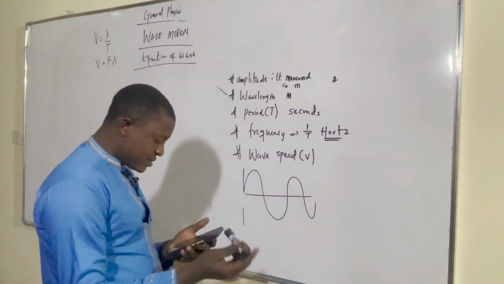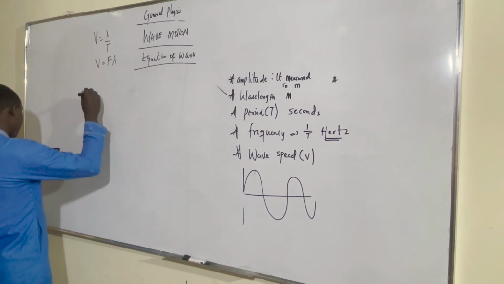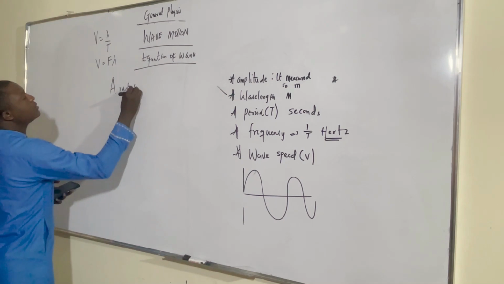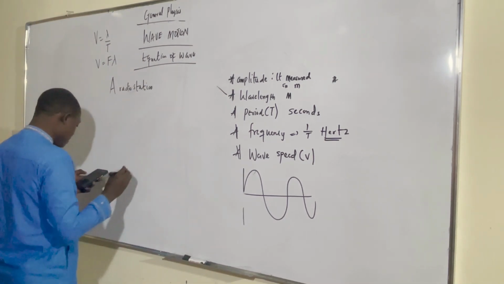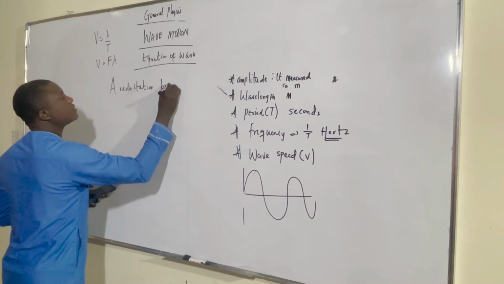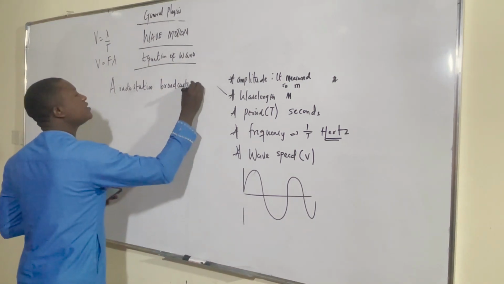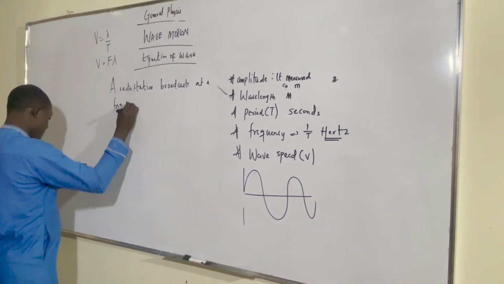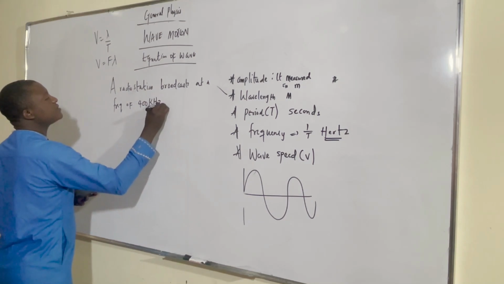Let's look at this. They said a radio station broadcasts at a frequency of 400 kilohertz.